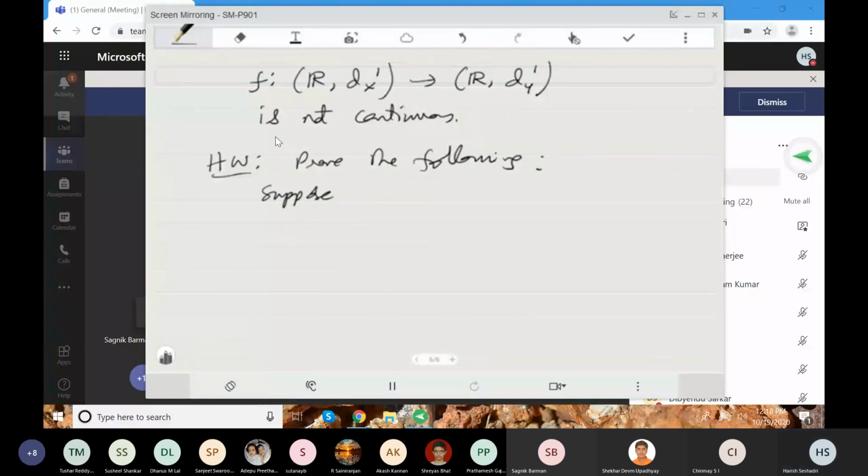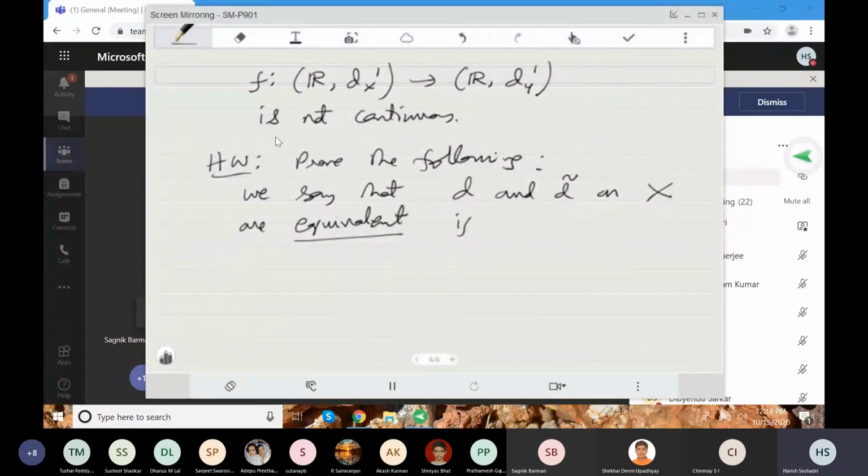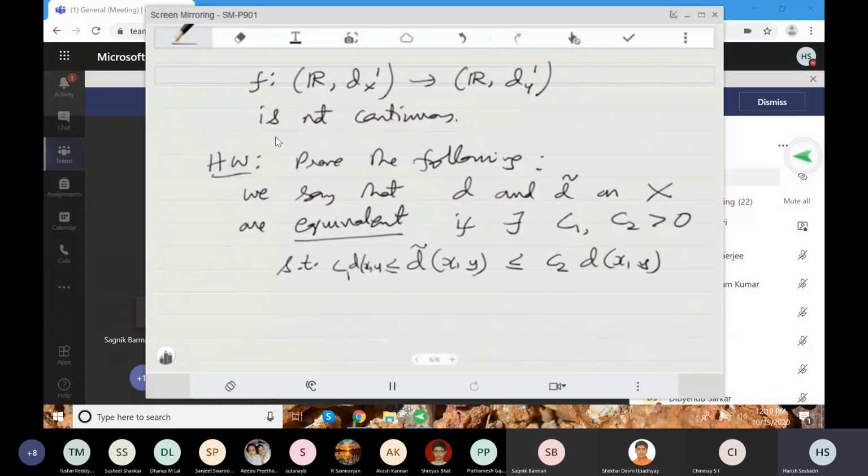We say that two metrics d and d tilde on a set X are equivalent if there exist two positive constants C1, C2 such that the distance with respect to the tilde metric is less than or equal to C2 dxy, and greater than or equal to C1 dxy, for all x, y.